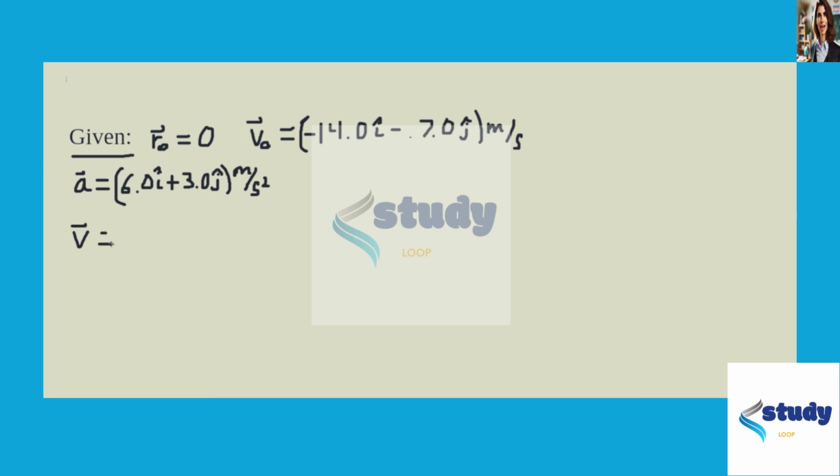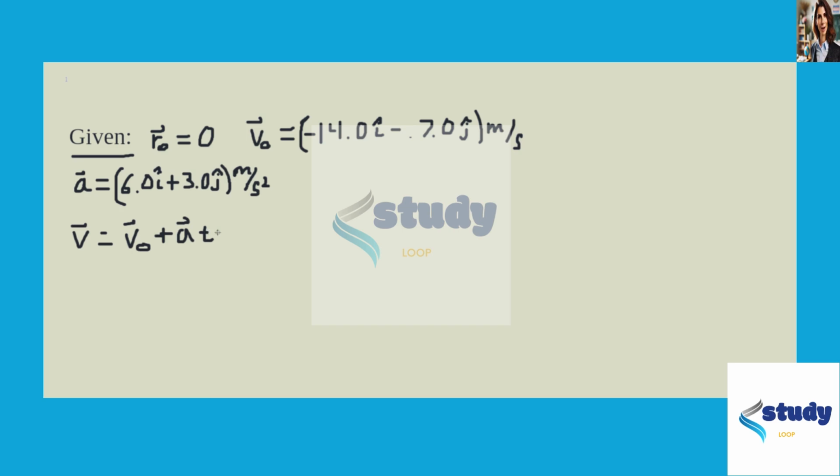Okay, so first thing we're going to do is write the value of the velocity vector. So v here is equal to v naught plus the acceleration vector times the time.